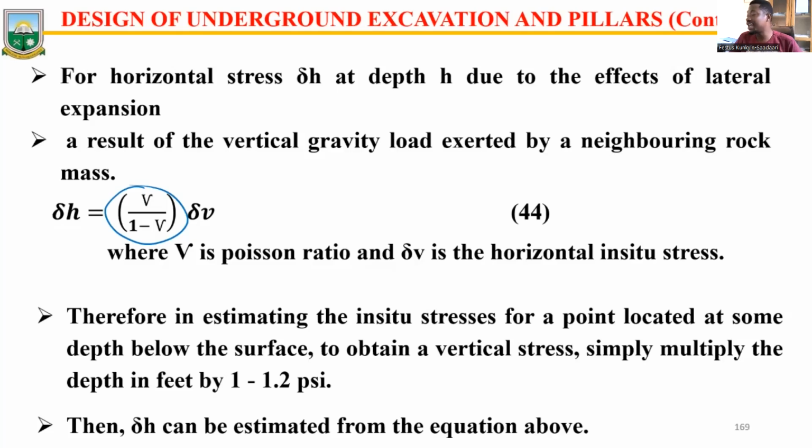Therefore, in estimating the in situ stresses for a point located at some depth below the surface, to obtain the vertical stress, you simply multiply the depth by whatever value you obtain for the unit weight. Then your H can be estimated from the equation, which is up here.